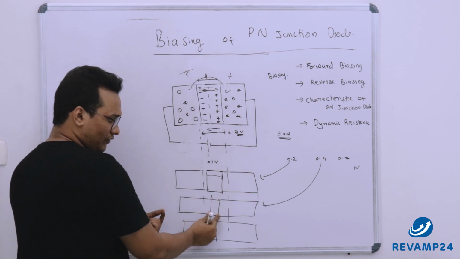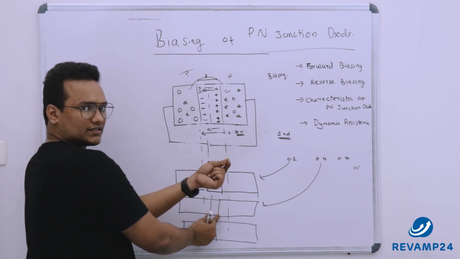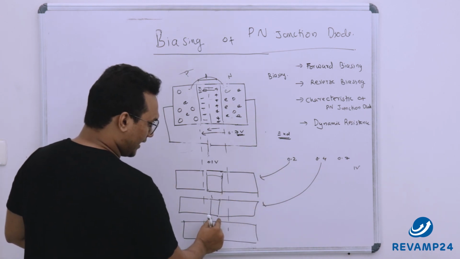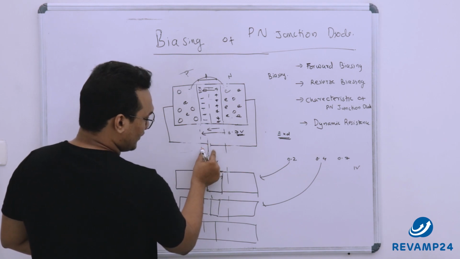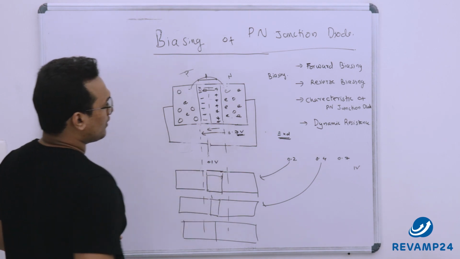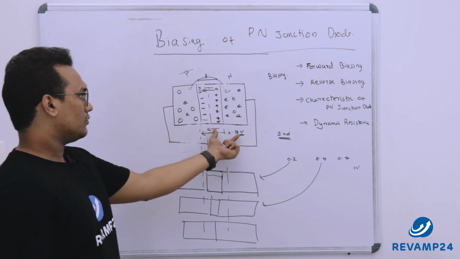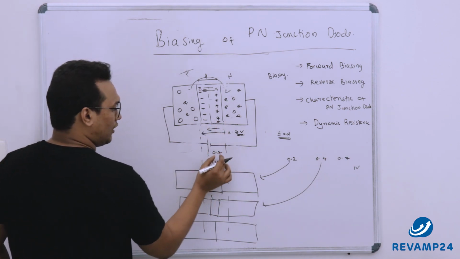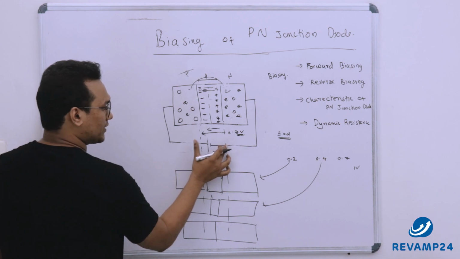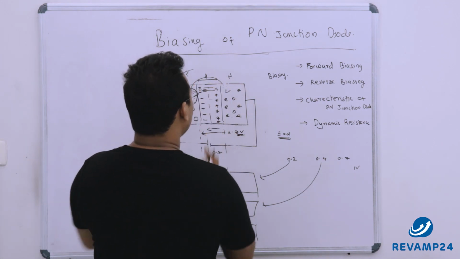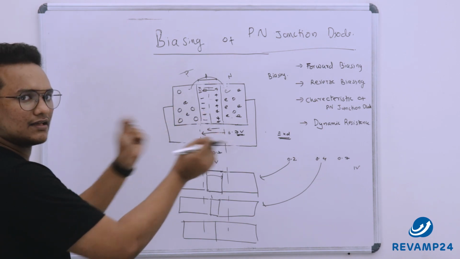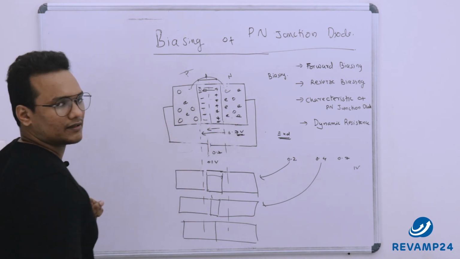To send current, we are very close to conduction, because now we have to increase the value in such a way that our external potential will be equal to the barrier potential. So I have kept 0.7 volt, and this 0.7 volt of external potential is able to completely oppose the barrier potential, and any value higher than this would be conduction of current.